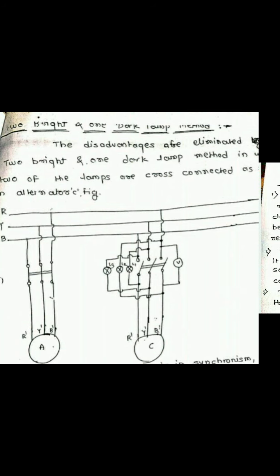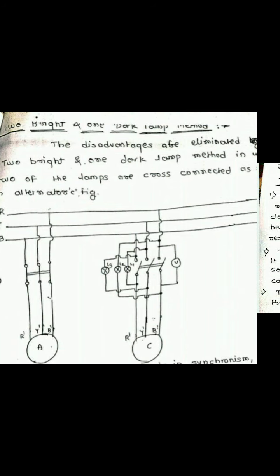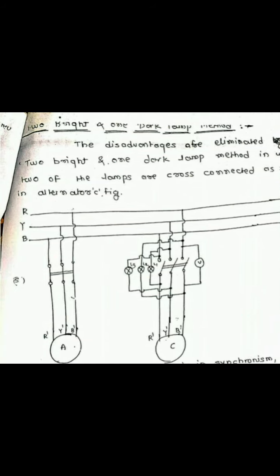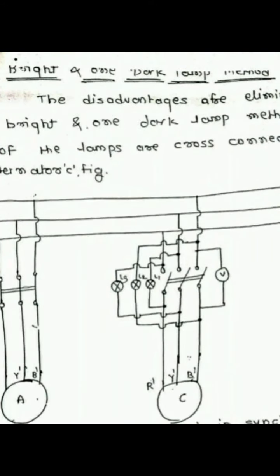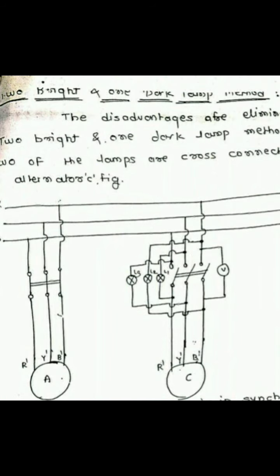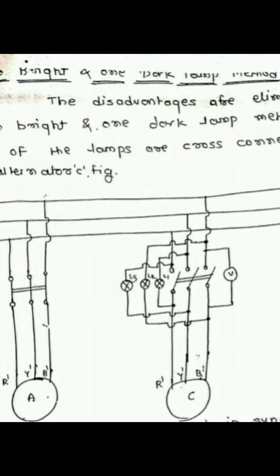So here is a triple pole switch, but the difference between the previous method and this method is that here we are connecting 2 lamps that are cross connected. As shown in the figure, there are lamps L1, L2 and L3. Lamps L1 and L3 are cross connected, and lamp L2 is connected as it is, that is for the phase sequence B. As shown in the figure, for lamp L1 the first terminal is connected to R dash and the second terminal is connected to Y dash.